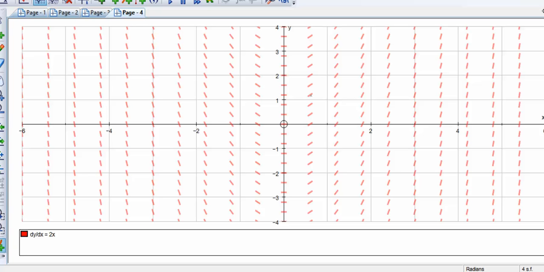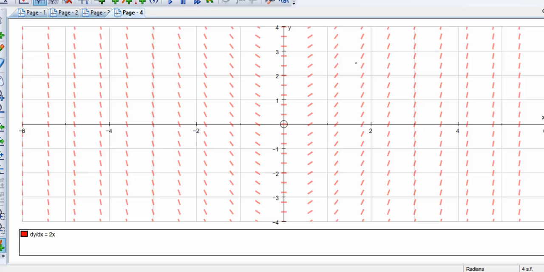We notice that if dy by dx is 2x, then it does not depend on y. So the value of dy by dx when x is 0 is 0, at any of these points here. Whatever the value of x is, it's the same value of dy by dx for any value of y.